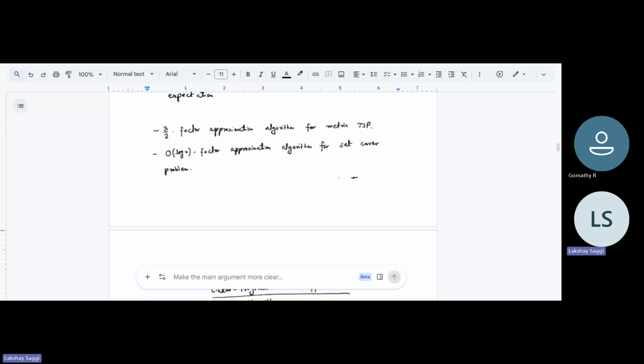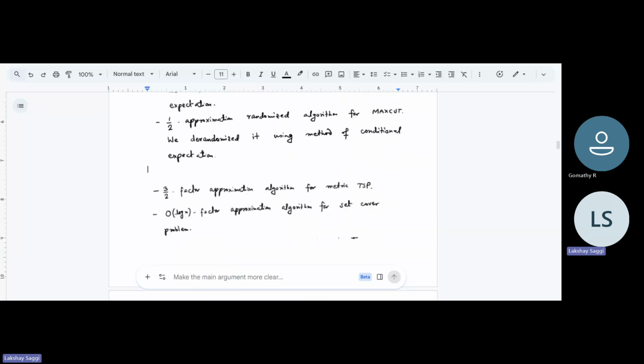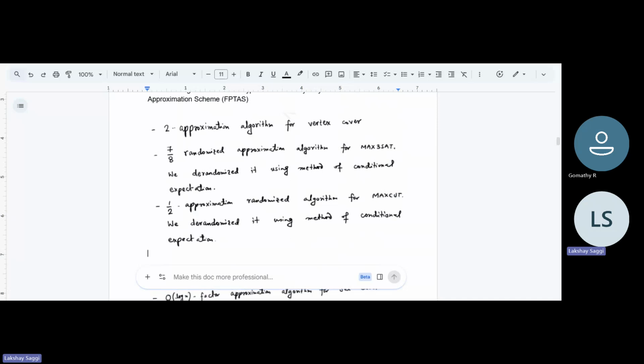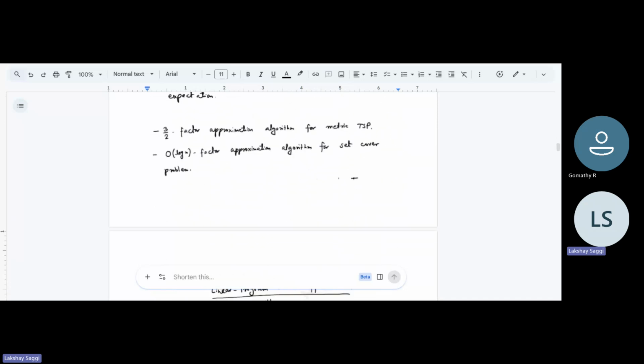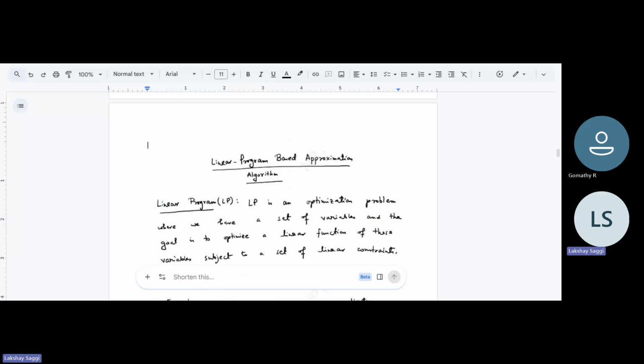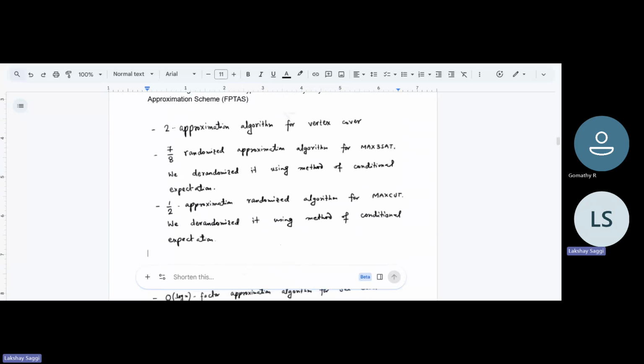So for the different problem at hand, we need a very different set of ideas for finding an approximation algorithm. But is there a more general or more standard way in which we can try to derive approximation algorithms for some problems?